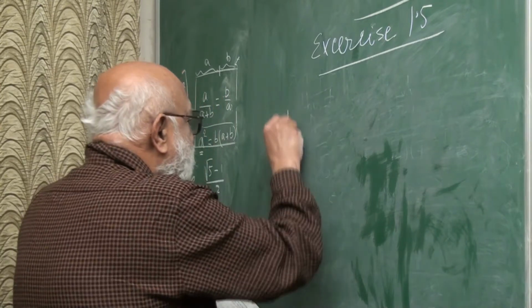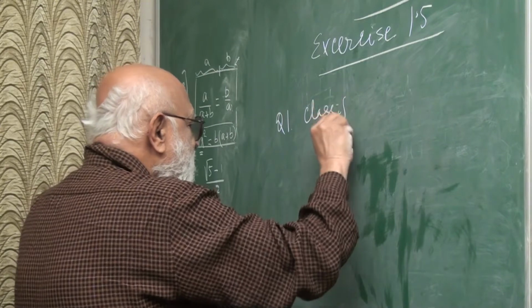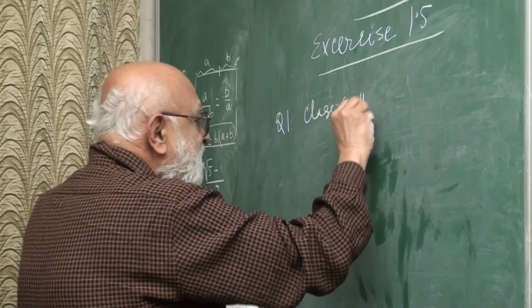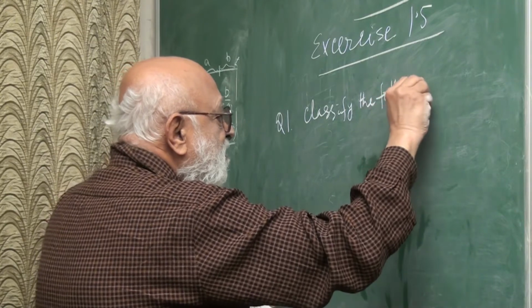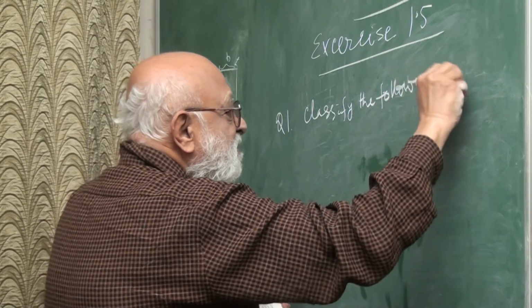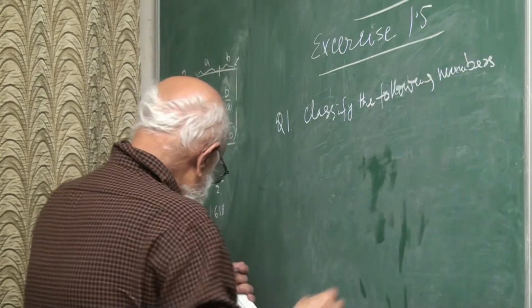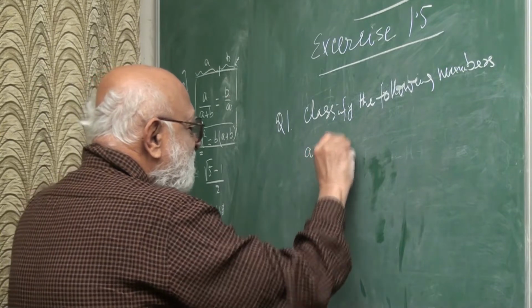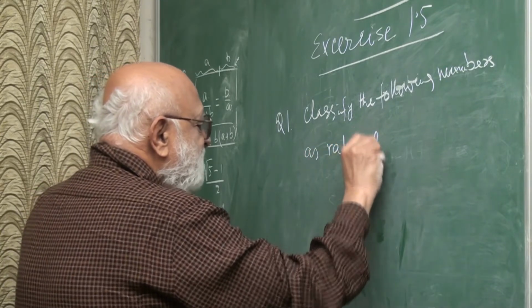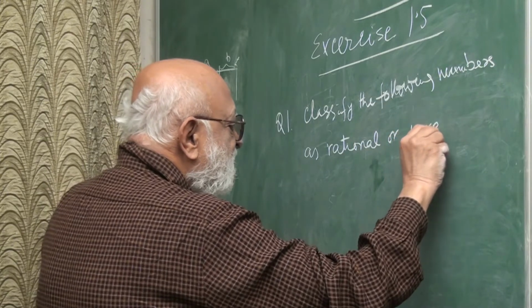It says, first question, classify the following numbers as rational or irrational.